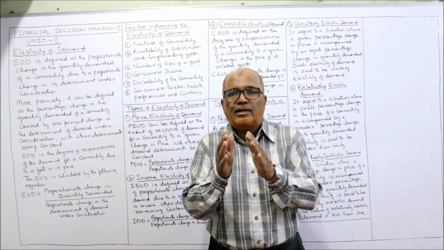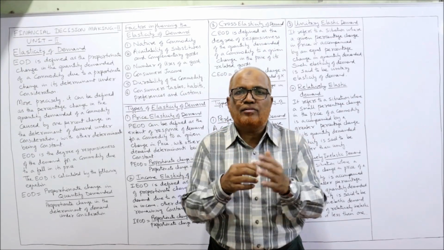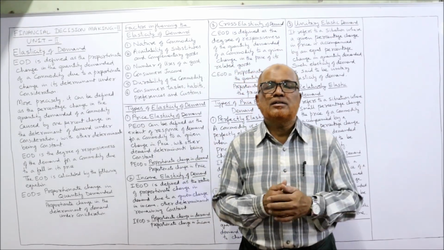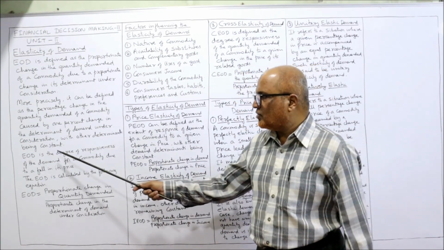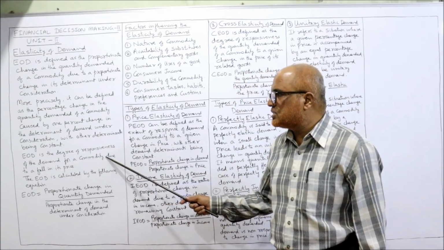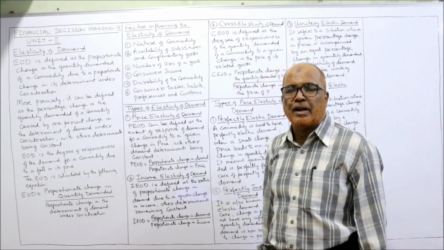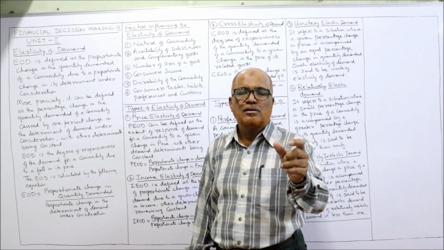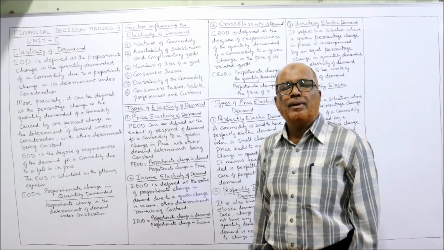Now, proportionate change in demand due to 1% change in price, that is called elasticity, keeping the other determinants constant. Elasticity of demand is the degree of responsiveness of the demand of a commodity due to a change in its price. If there is a change in price, what is the effect on the demand? A simple example I'll give you.